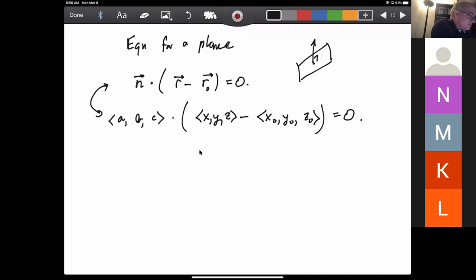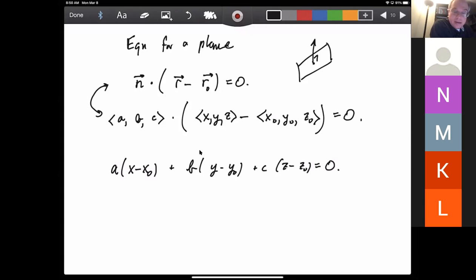If you multiply through, you get a scalar equation for the plane.